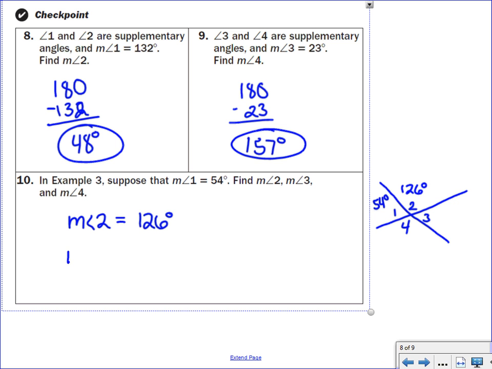Using vertical angles, we can then find the measure of angle 3, which is equal to the measure of angle 1, 54 degrees. And the measure of angle 4 is a vertical angle of angle 2, so the measure of angle 4 is equal to the measure of angle 2, which is 126 degrees.